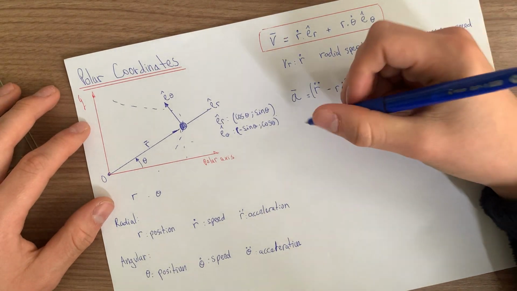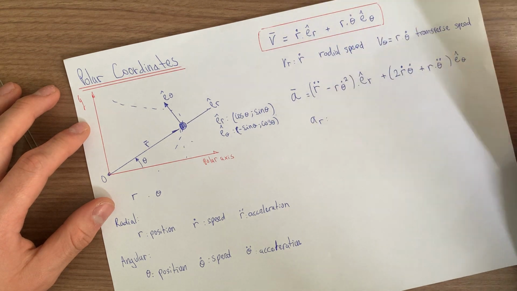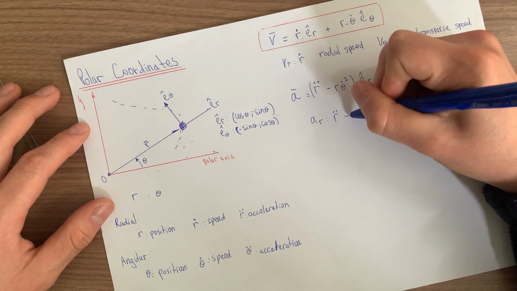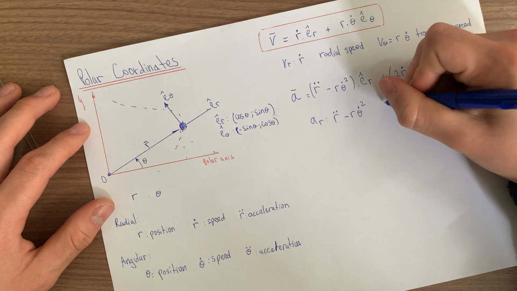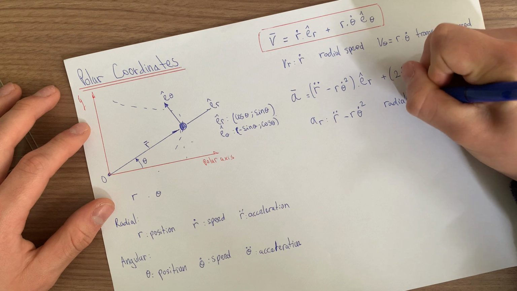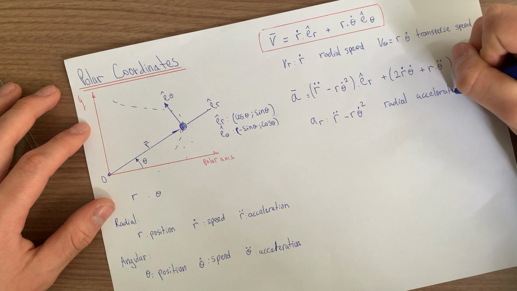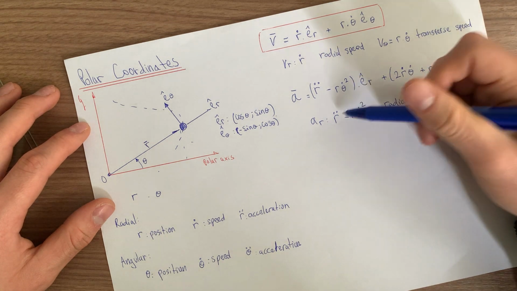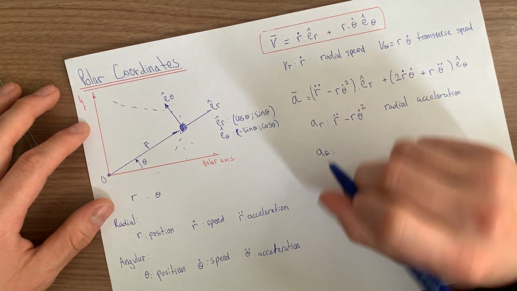So we can express it in this way. Radial acceleration equals r two points minus r multiplied by theta point squared. This is radial, according to the two vectors. And this is the transverse acceleration.